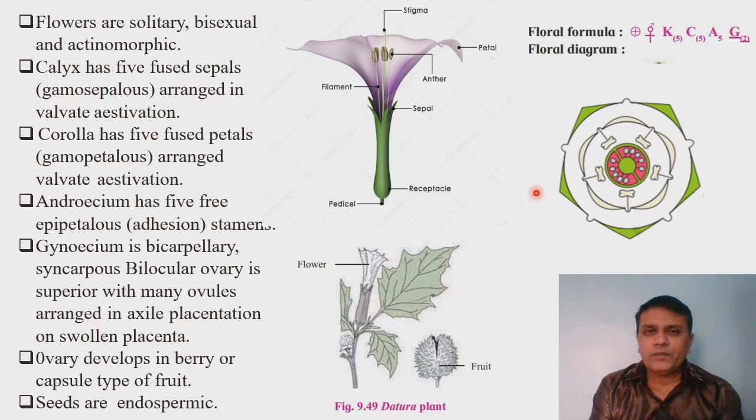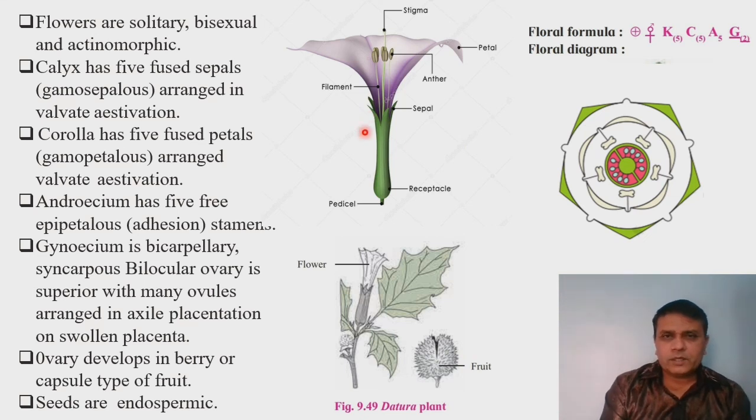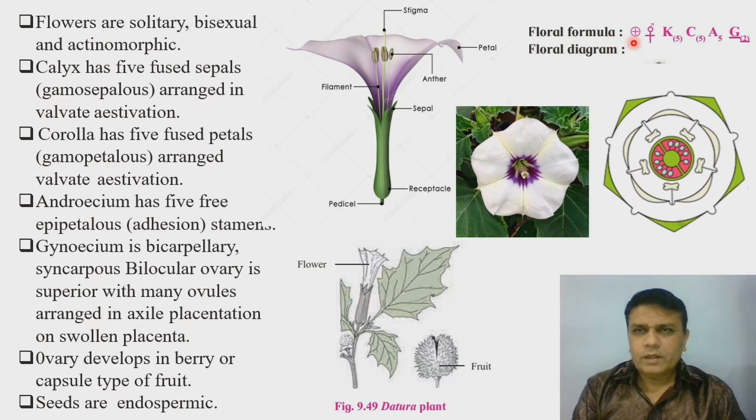Now here we have seen the structure of the flower. Then we have seen the floral diagram. Now we will see the floral formula. Here this symbol indicates that the flower is actinomorphic. That means this flower shows radial symmetry.